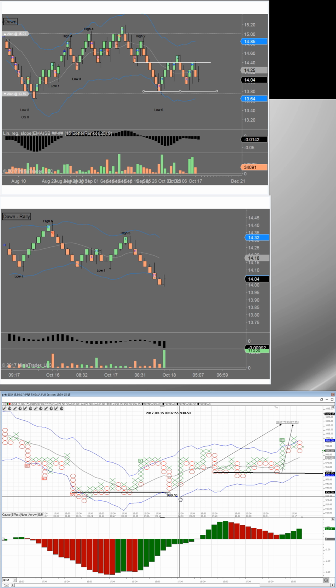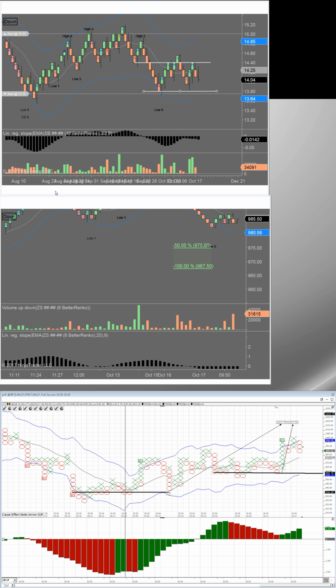I'm looking at the wrong chart. I'm looking at sugar at the top, so something wasn't feeling right. So let's go to the right charts. ZS. Alright, now here we go.